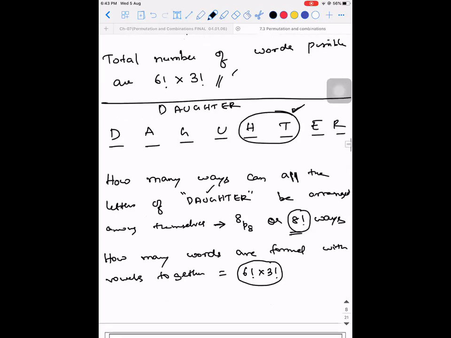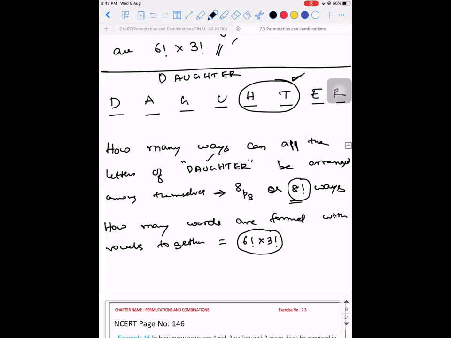But what is required for us? Vowels should not be together. So for the vowels to not be together, can I say it can be done in the total number of ways minus the ways in which all the vowels are together?